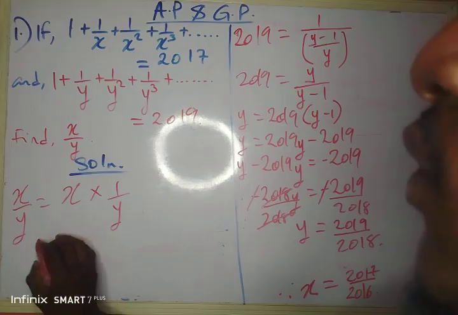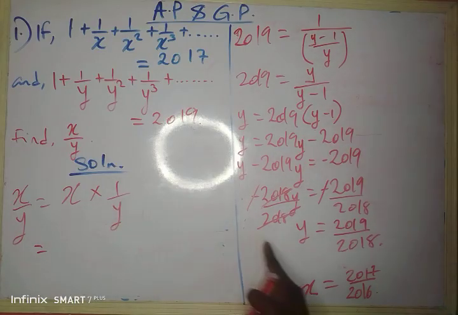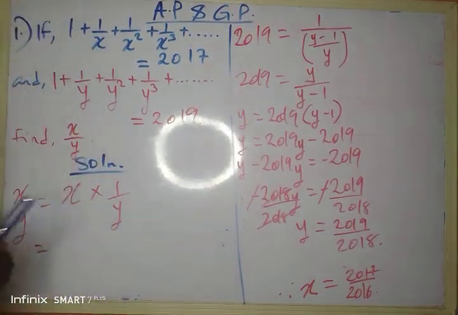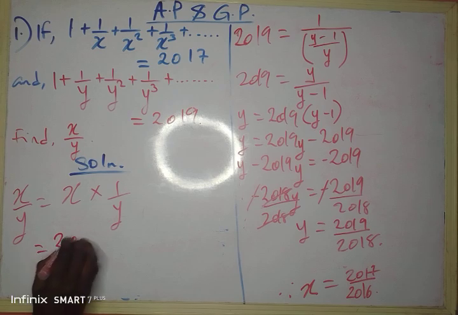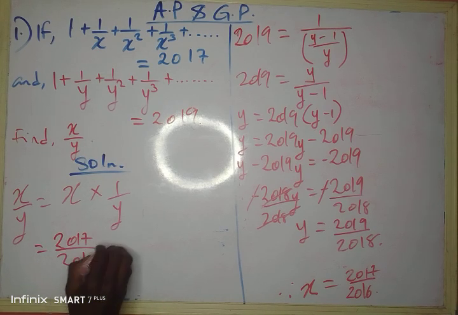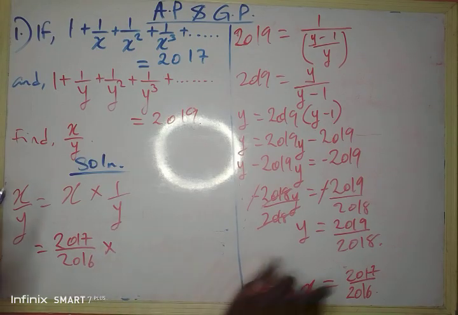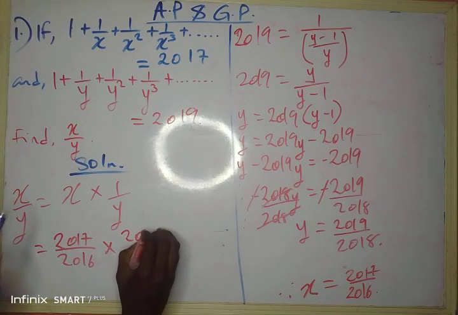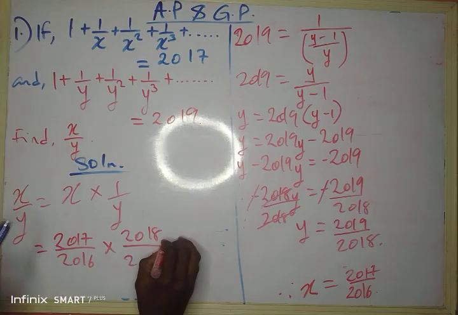What's the value of x? x is 2017 over 2016. So x divided by y equals 2017 divided by 2016 times 1 over y. It means I will interchange these, so I'm going to have 2018 over 2019.